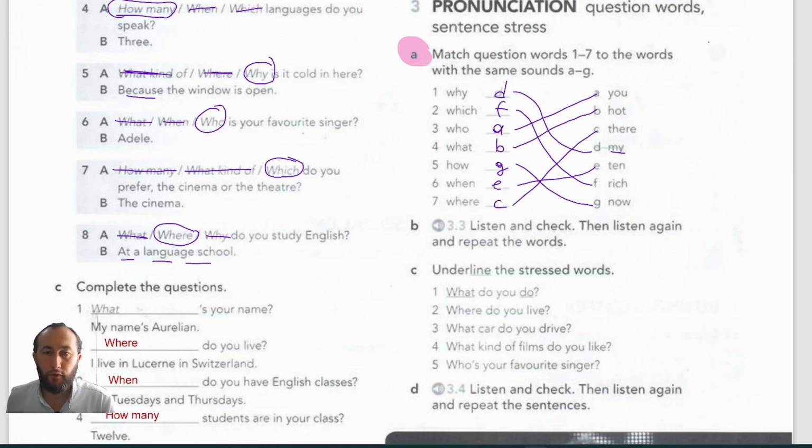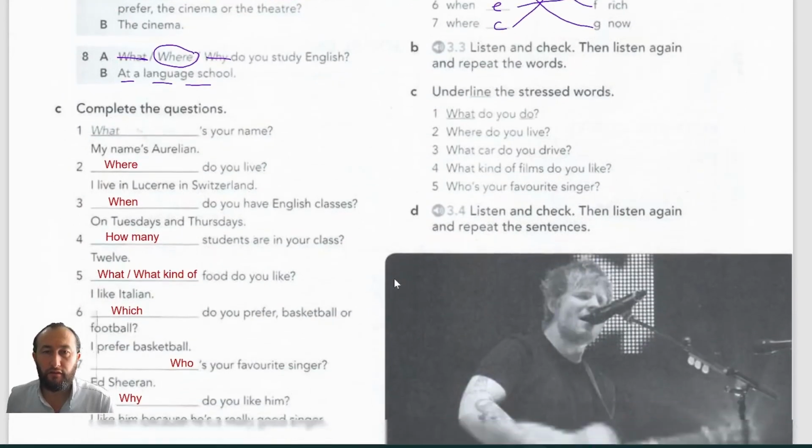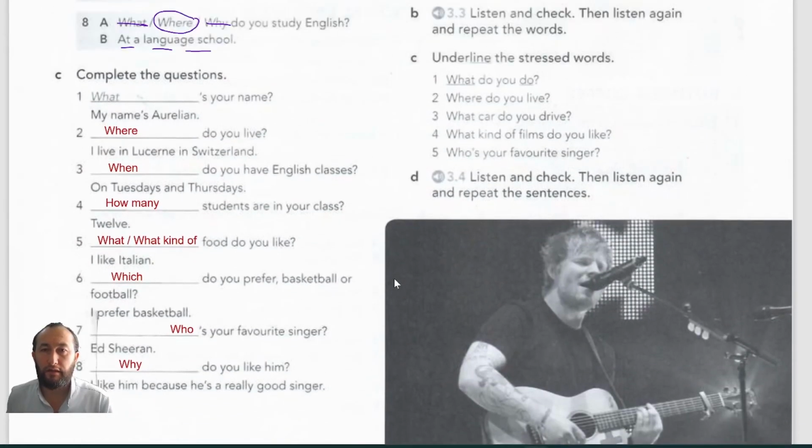Okay, so we're going to move to exercise C. Underline the stressed words. Okay, I mean, it's not that important to understand. As long as you can pronounce, that's what matters. But for some students, they would like to understand in every detail. So in the English language, when you speak, you have to stress certain words.